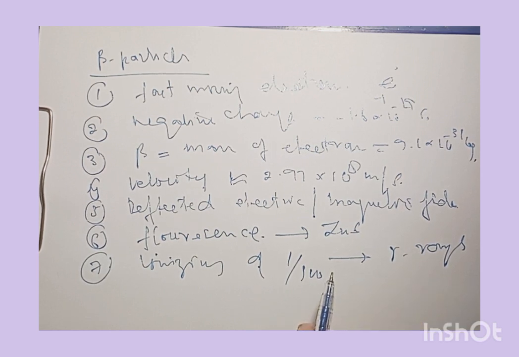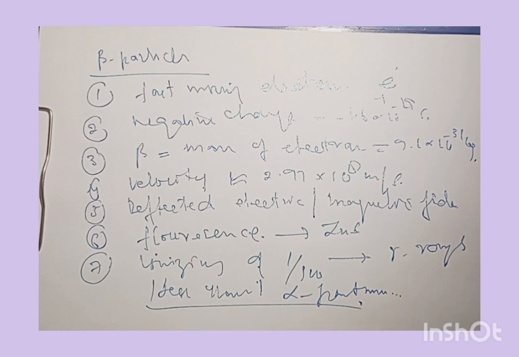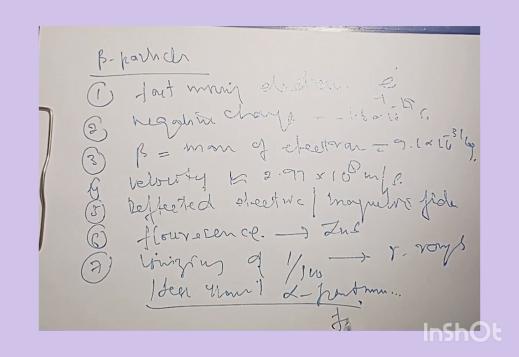Their ionizing power is less than that of alpha particles. The penetrating power of these beta particles is more than that of alpha particles. They affect photographic plates similarly to alpha particles. Beta particles can travel in air up to a few meters.